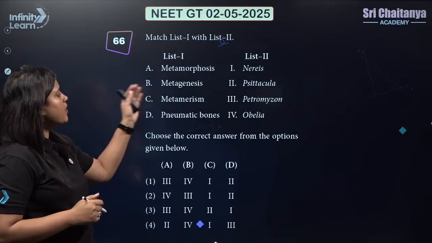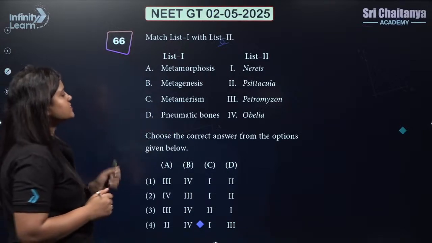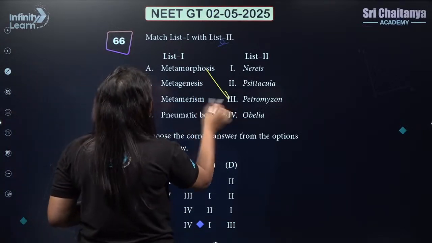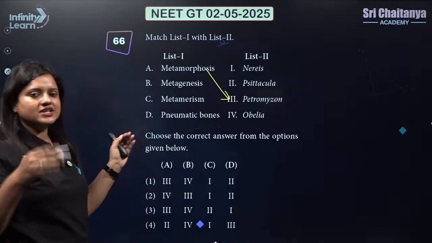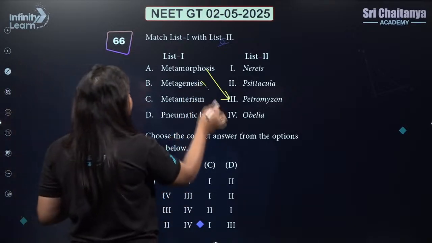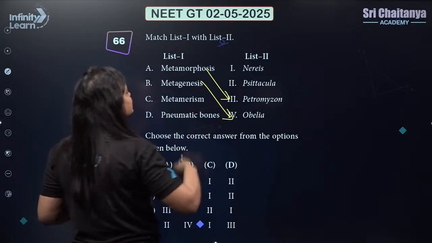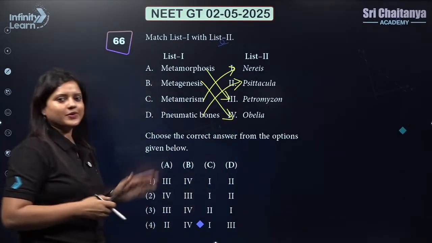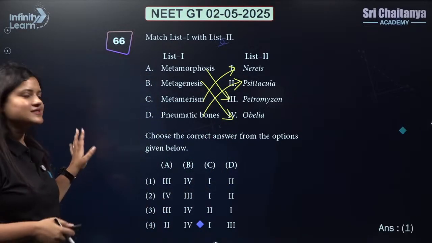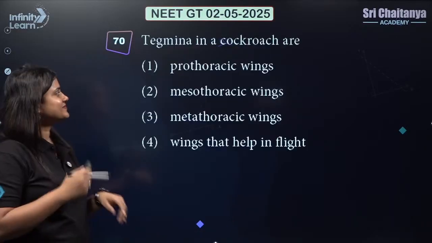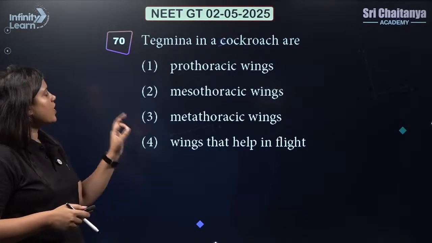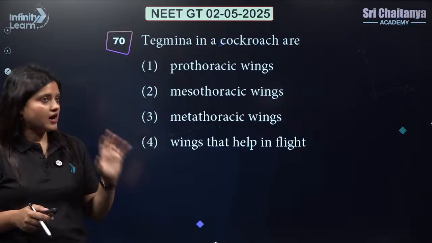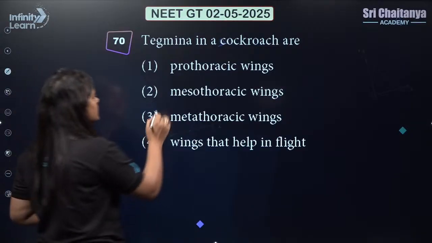Next. Metamorphosis will be seen in Petromyzon or lamprey. Metagenesis is seen in Obelia. Metamerism is seen in Nereis. Pneumatic bone in Calcarius? Okay, very good question, and the correct answer should be 1. Tegmina in a cockroach are mesothoracic wings.